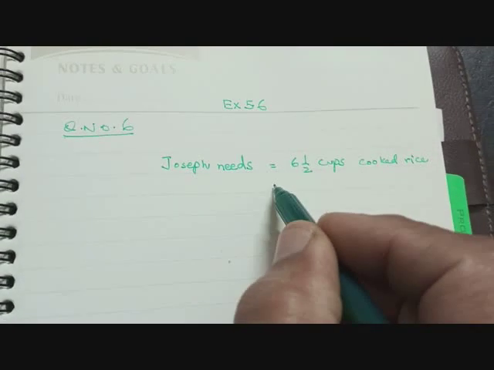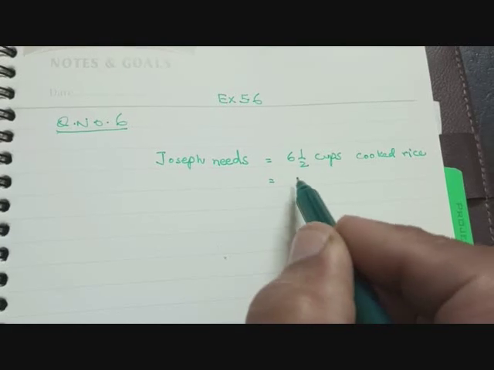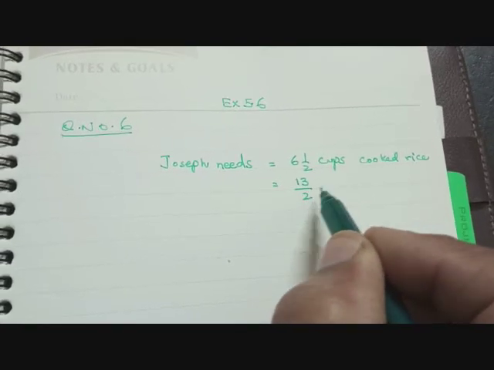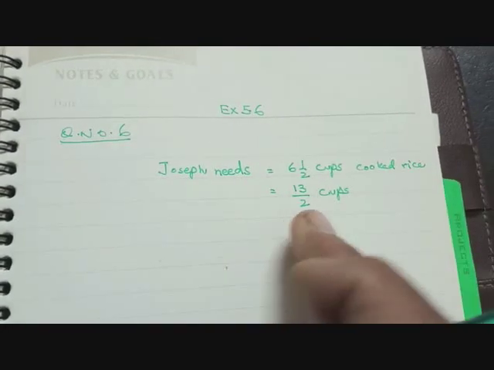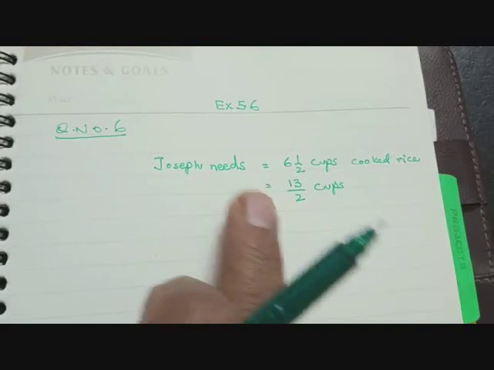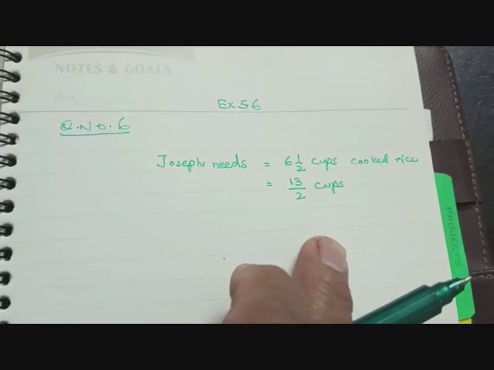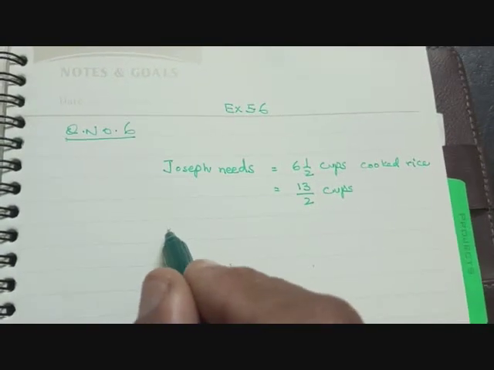Now what does it mean? 2 6 times 12, and 12 1 13, 13 divided by 2 cups. This is the quantity which we need, and the ratio which is given to us is if 2 cups of uncooked rice are taken with 2.5 cups of water, we'll get this much cooked rice with this proportion.